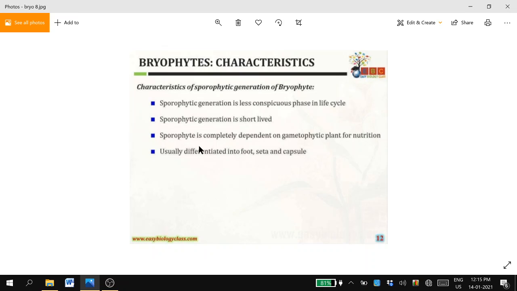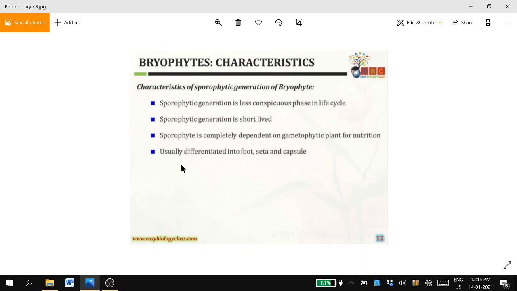The sporophytic generation is completely dependent on the gametophytic generation, because the sporophyte cannot synthesize its own food as it lacks chlorophyll pigment. So for nutrition, the sporophytic generation is dependent on the gametophytic plant.